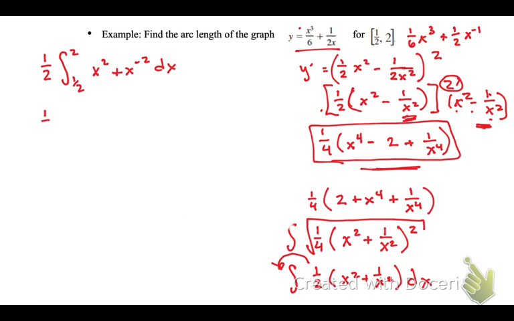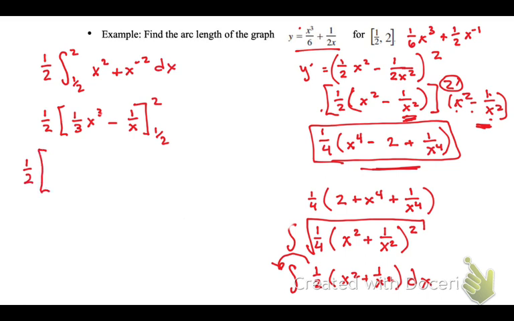So then I would have 1/2 times 1/3 x to the 3rd, plus, well, add 1 would be, it wouldn't be plus, it would be minus, wouldn't it? So it'd be minus 1/x from 1/2 to 2. So I have 1/2.